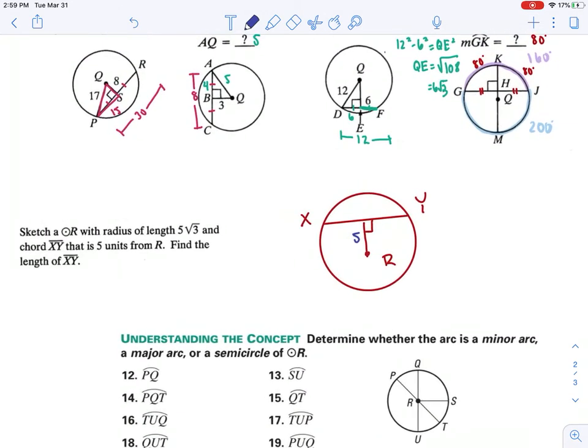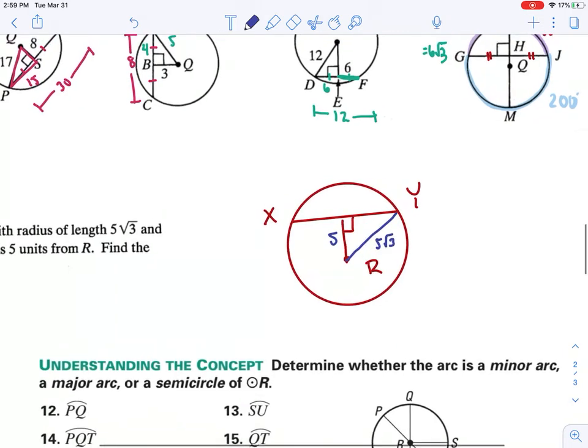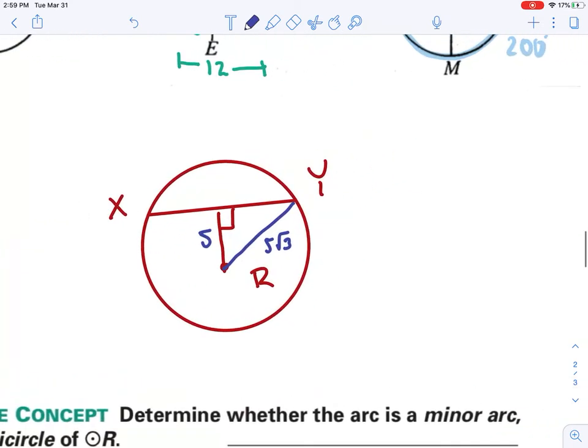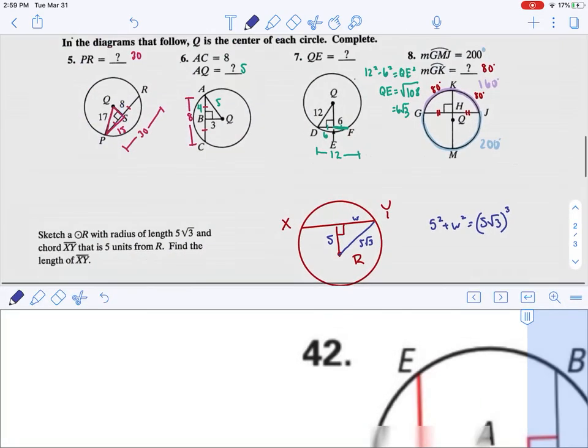It's all about where you draw the radius. The radius is 5 square root 3. Let's draw it right here. Man, I would love for that triangle to be special and I could just do that in my head, but I can't. I'm going to solve for half this. I'm going to make that little variable W. Five squared plus W squared equals 5 square root 3 squared, the whole thing.